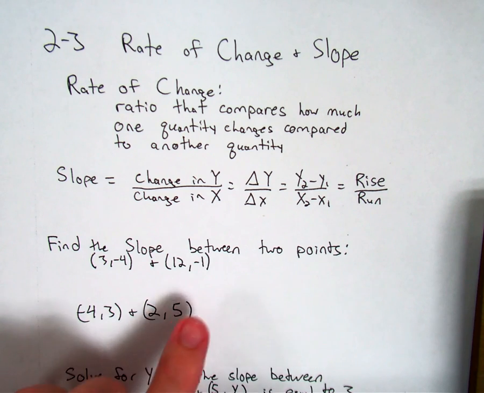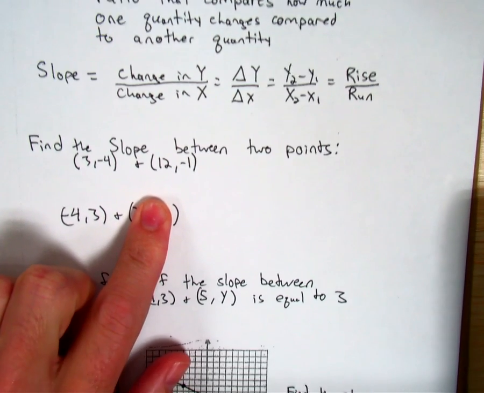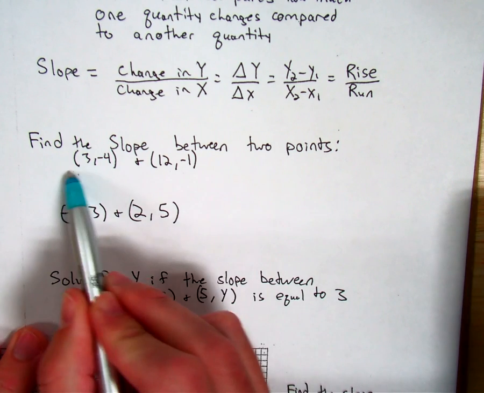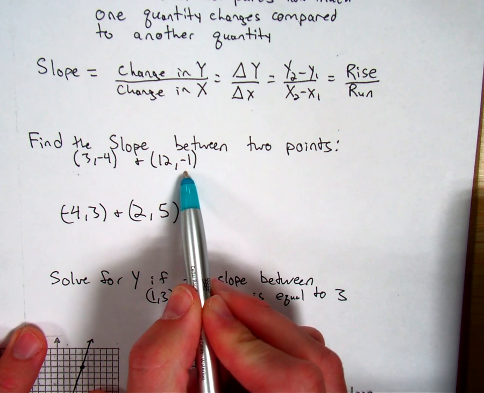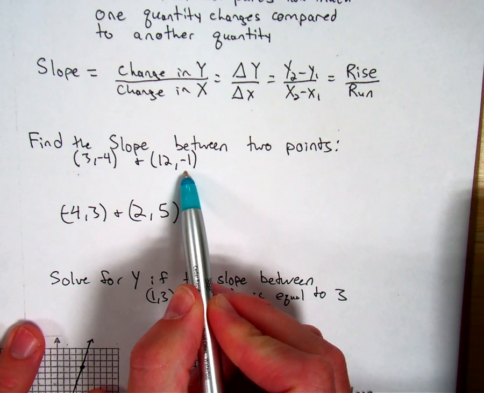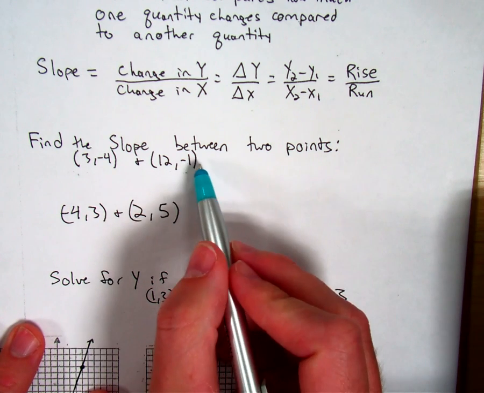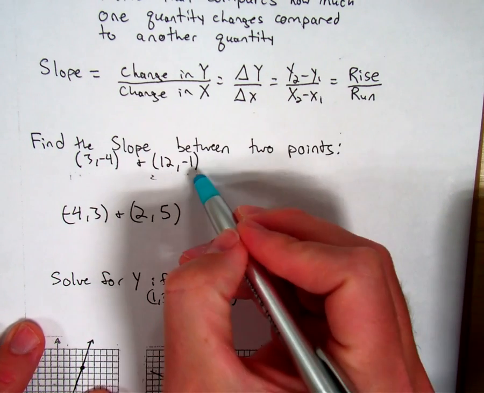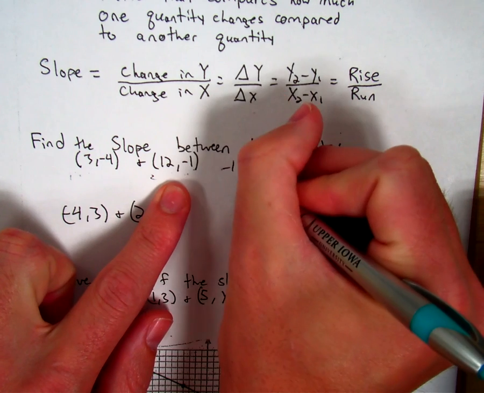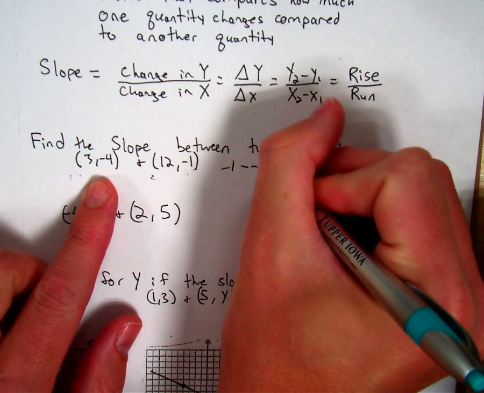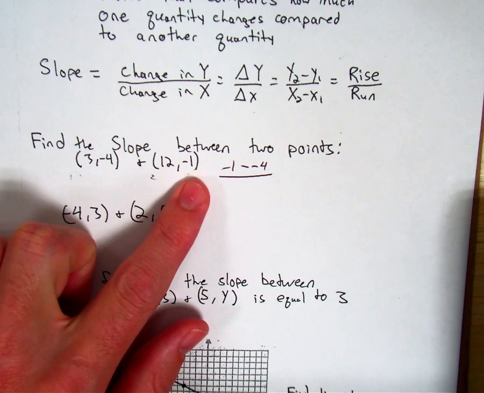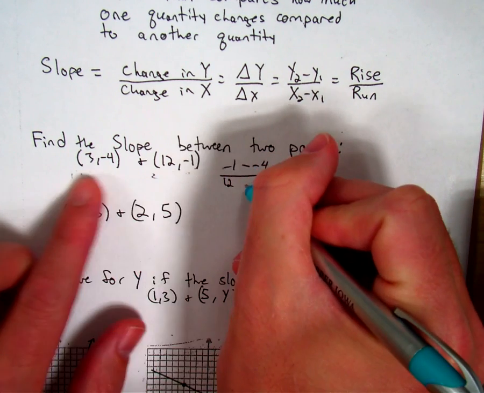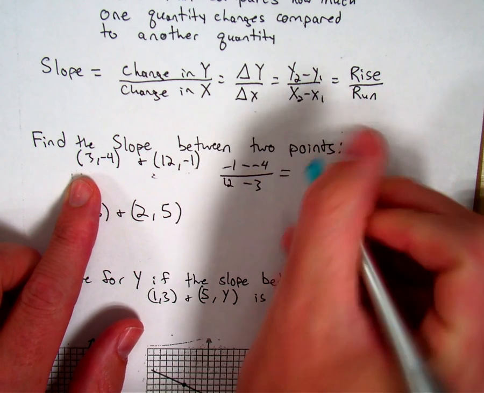Alright, so I'll do one of these with you to get you started, and then I'll let you do the second one on your own. It shouldn't matter which one we pick to be point 1 or point 2. You should still get the same answer either way. So I'll just pick this one to be my 2, and this one's going to be my 1. So y2, we're going to have negative 1 minus negative 4, y2 minus y1, over x2, 12 minus 3.